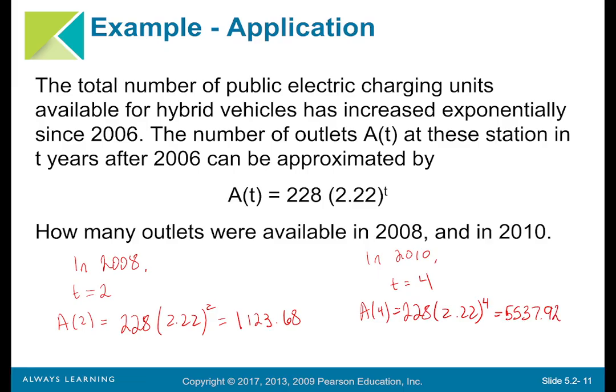That's how many outlets we had in 2010. So notice it grew quite a bit in just 2 years. That is what our numbers are going to look like anytime we have an exponential function. You will see your y values grow much, much quicker than our standard linear and quadratic functions.